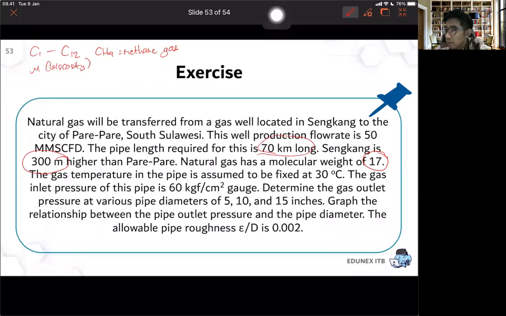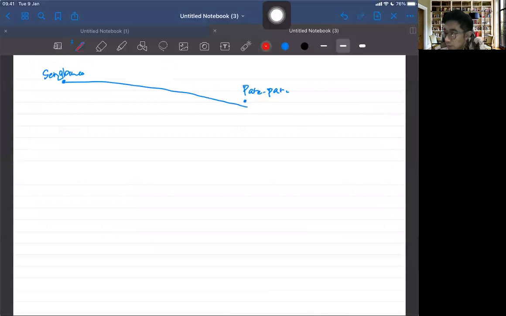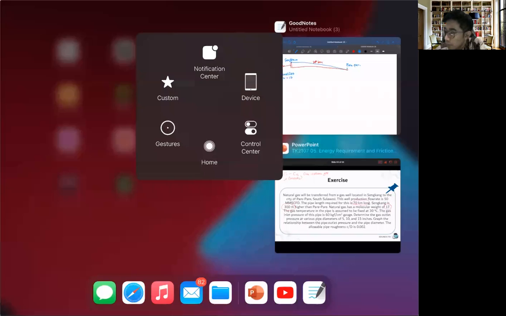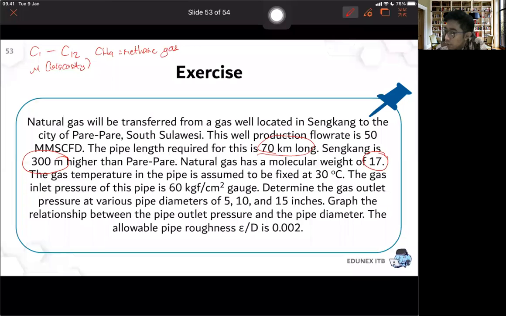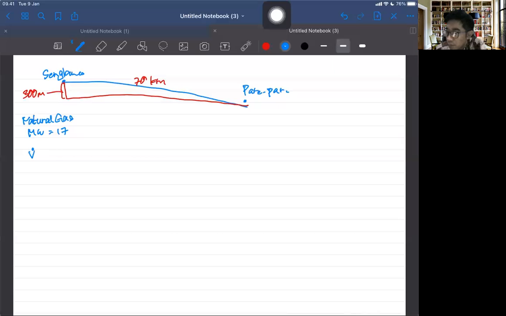So this one is 300 meters, the height, and this one is 70 kilometers, the length. The natural gas has a molecular weight of 17, and the well production flow rate is 50 mm SCFD.